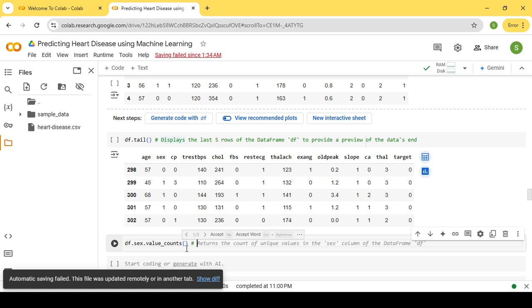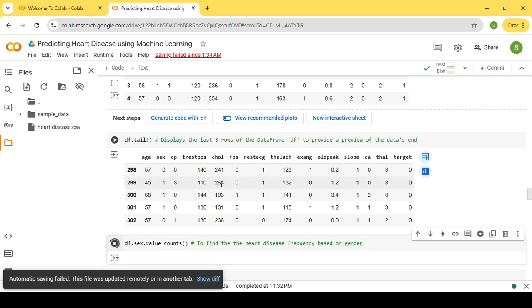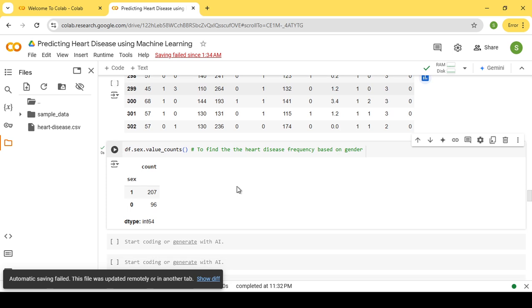As we mentioned, this will return the frequency based on gender. Let's run this code and see the output.